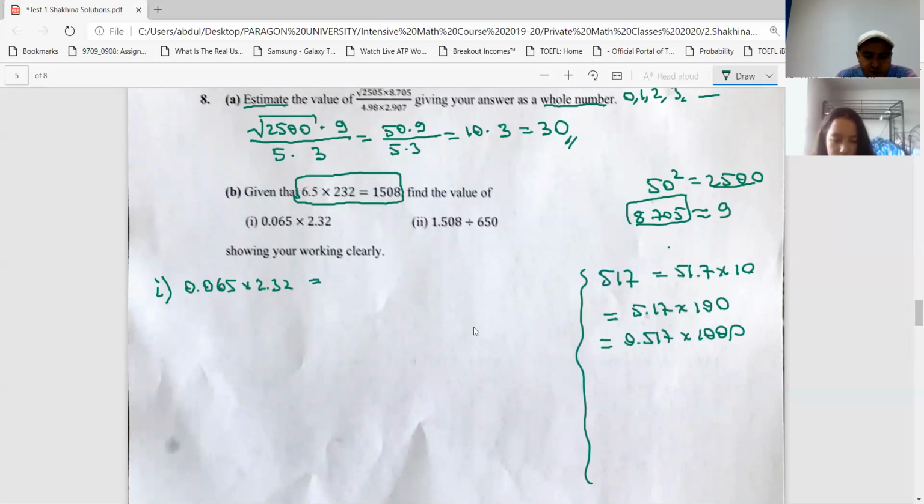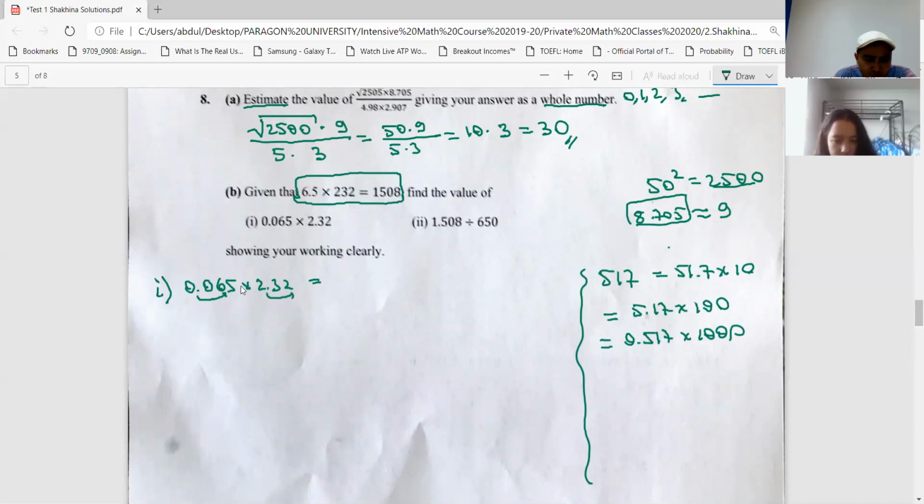If you move to the left, we should multiply by the power of 10. Let's start with the 0.065. We have no problem. It's exactly the same. Also here, 6.5. I want to first shift this decimal point to the right, and also this one.